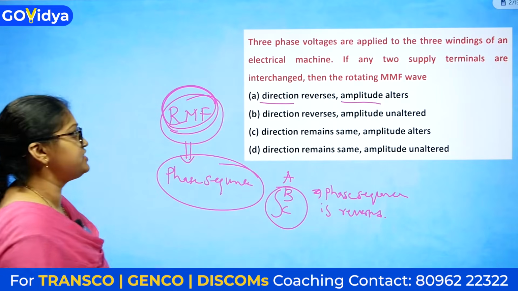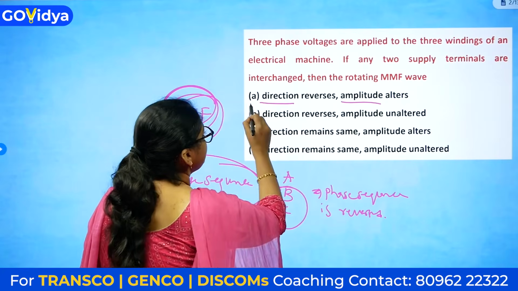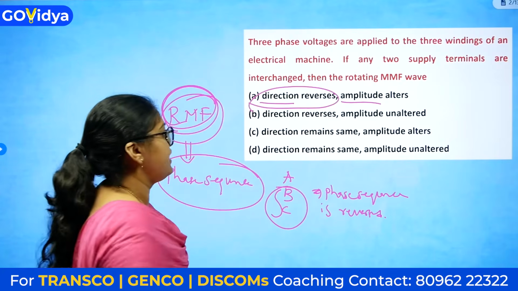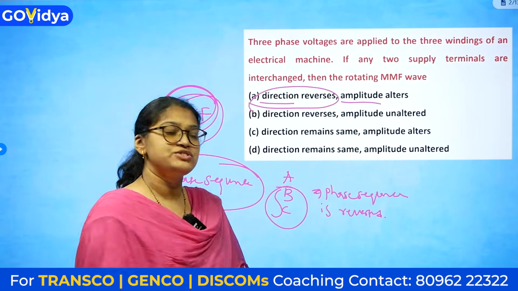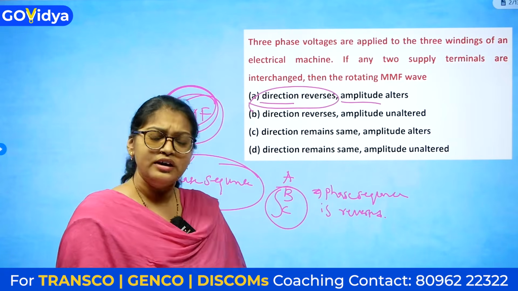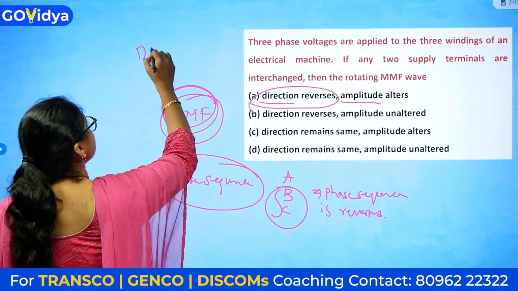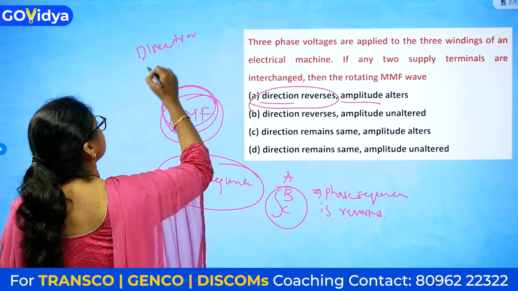If you interchange two supply terminals, the direction is reversed. The amplitude remains the same because it depends upon the supply and its characteristics, which remain the same. So the answer is that the direction will be reversed.